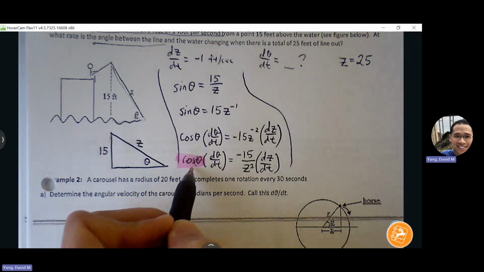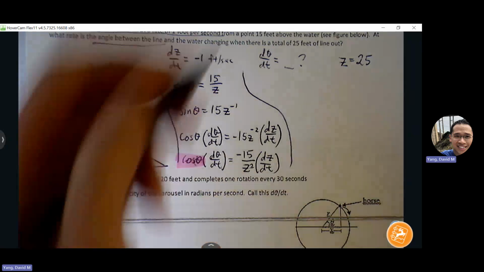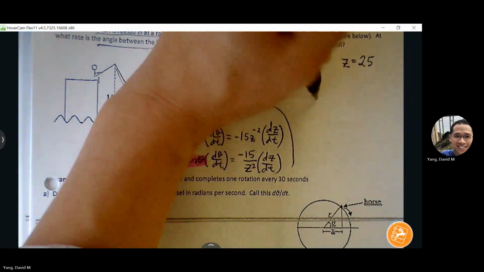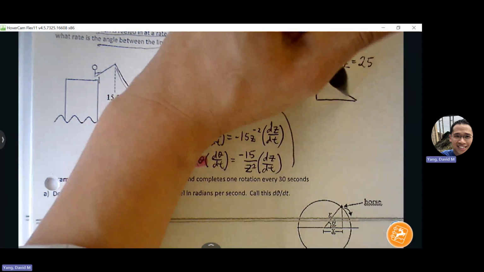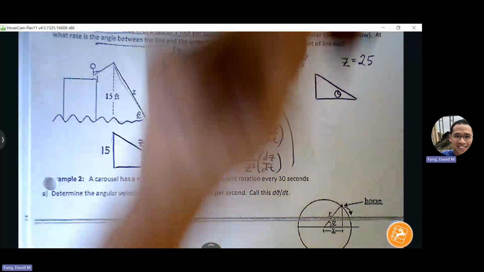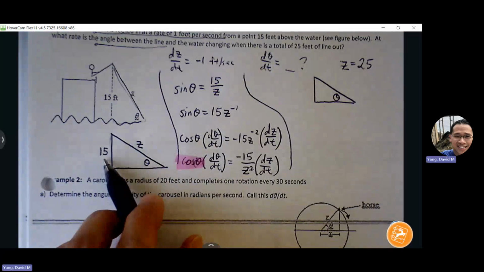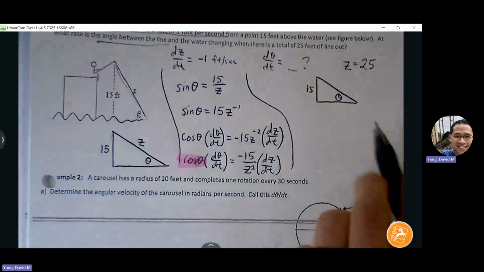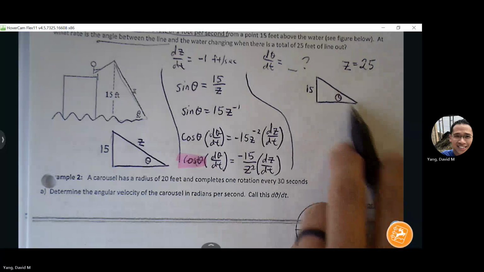Okay, so to replace that cosine theta, we're going to revisit our triangle. And let's see if we can fill out what the side lengths of this triangle are at this moment in time. Okay, we know 15 is always staying put. At this moment in time, z is going to be what? 25.